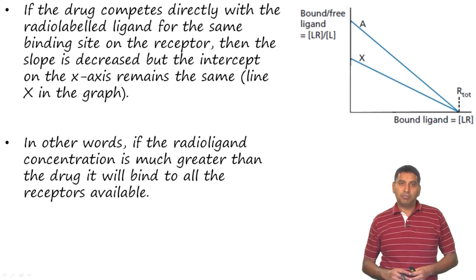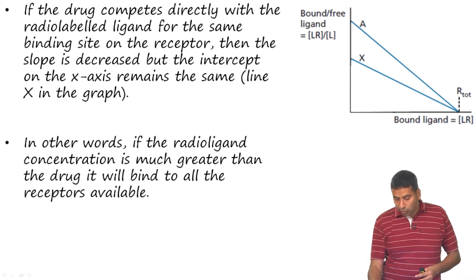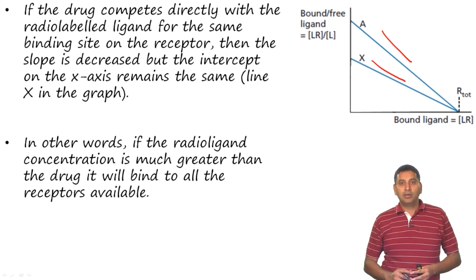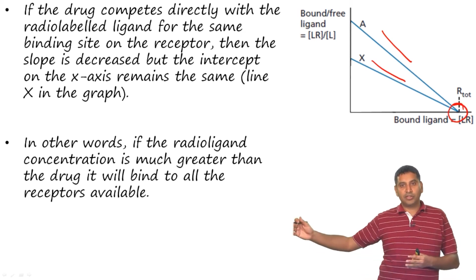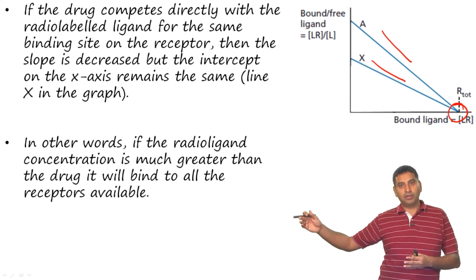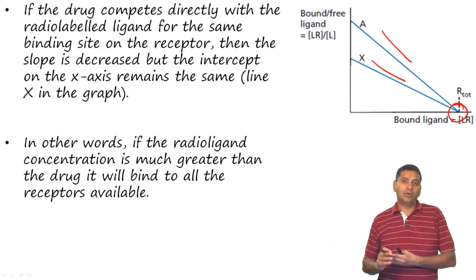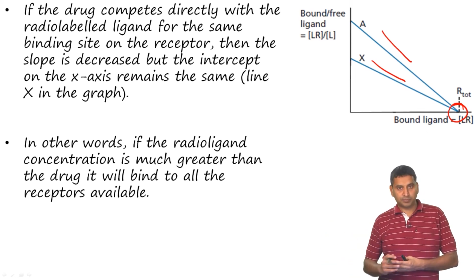If the drug competes directly with the radiolabeled ligand for the same binding site, then the slope goes down. But the intercept would remain the same, because as you increase the concentration of the natural ligand, at some point you are going to displace all of the inhibitor, and you are going to get the same concentration of R total.